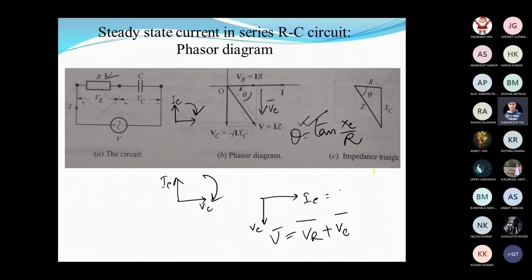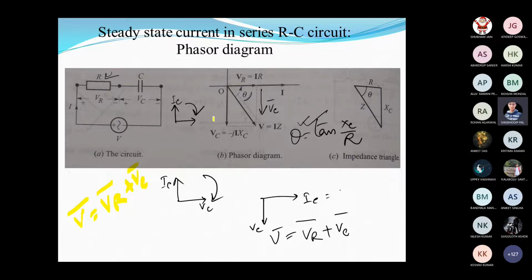Similarly, we can have this with a capacitor also. So you can see VR plus VC. Here the supply voltage V will be VR plus VC. If we draw this, the characteristics will be like this.